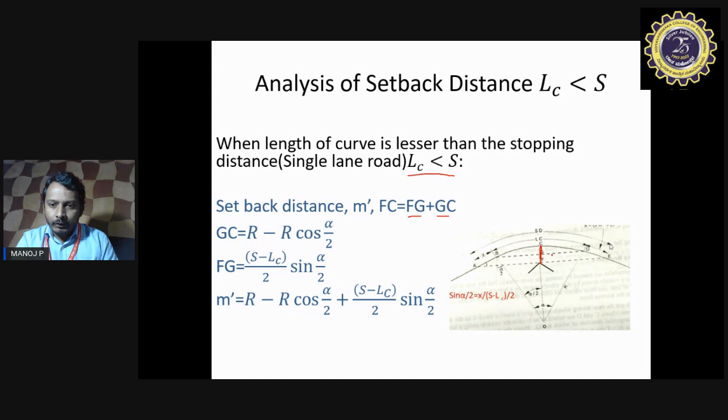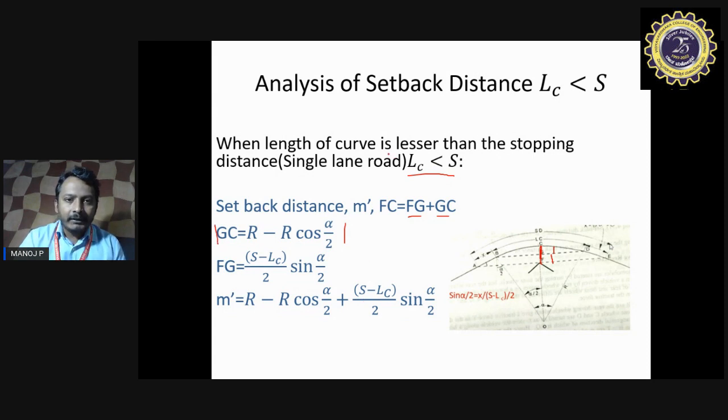FG, this portion, is equal to S minus length of the curve LC divided by 2, into sine alpha by 2, and GC is the one which you calculated previously, equal to R minus R cos alpha by 2.